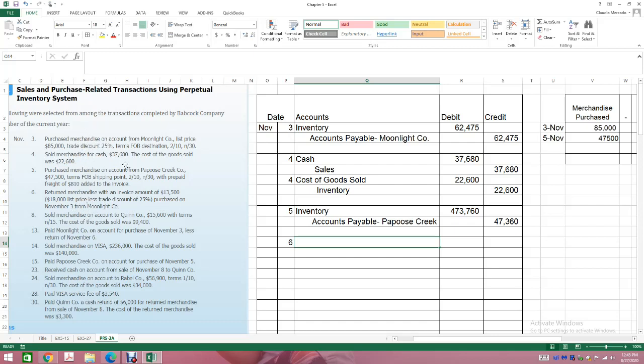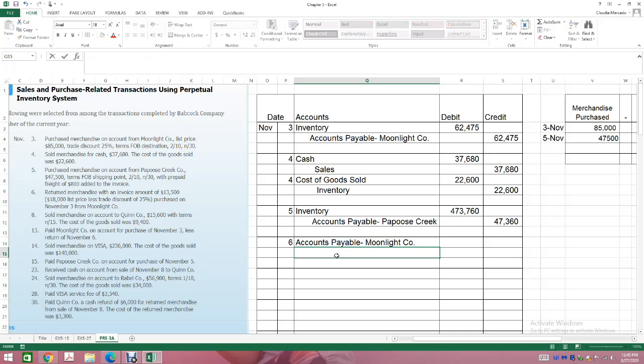Because we purchased them on account, we haven't made any payments yet. They're going to deduct my balance for the amount of my returns, so I no longer owe for these goods that were returned. So I'm going to debit my accounts payable for Moonlight Company.